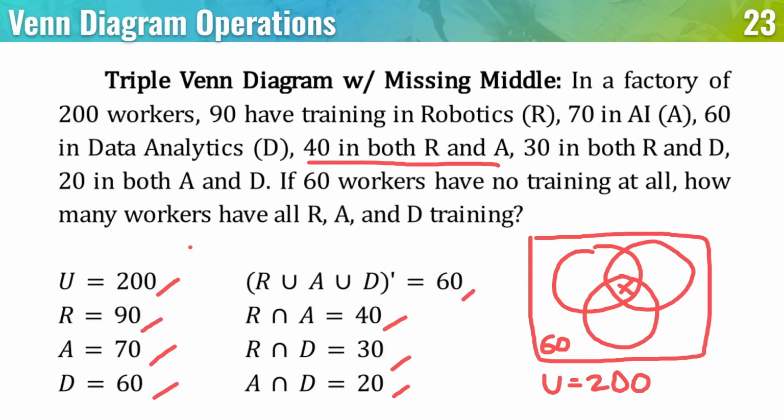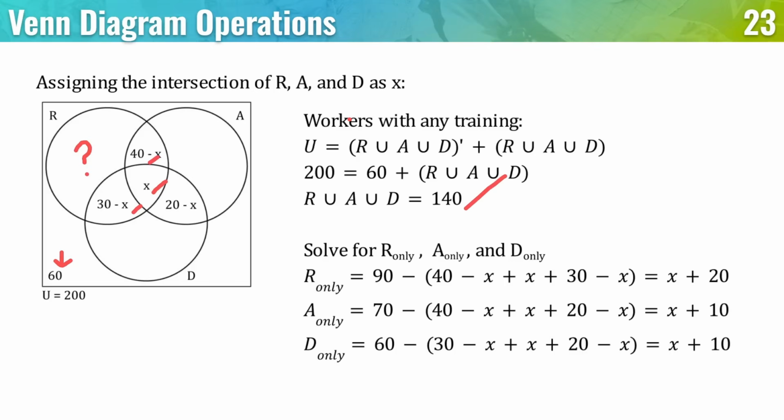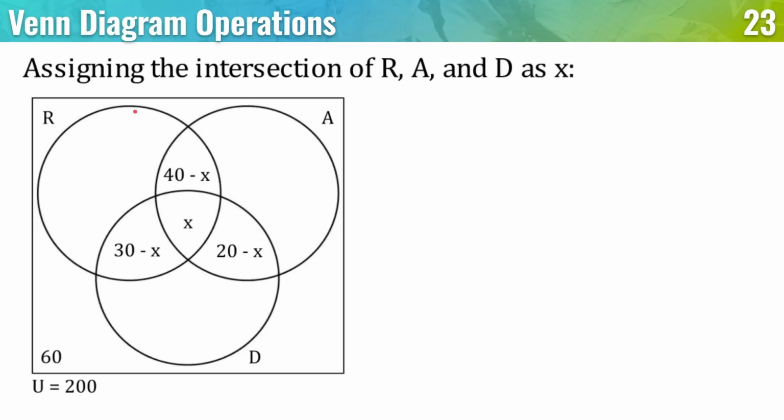So going back to our given, we have 90 training in robotics. So for here, all of this is going to be equal to 90. And then we don't know what this is, but we do know what these are.